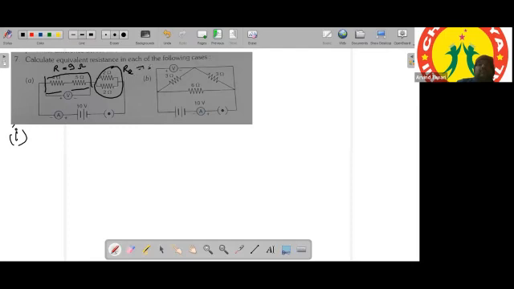Now both of them are connected in series, so the total will be 9 plus 1, that is 10 ohm. So for the first circuit, total resistance is 10 ohm. You can find the total current as 10 over 10, that is V by R, which is 1 ampere.